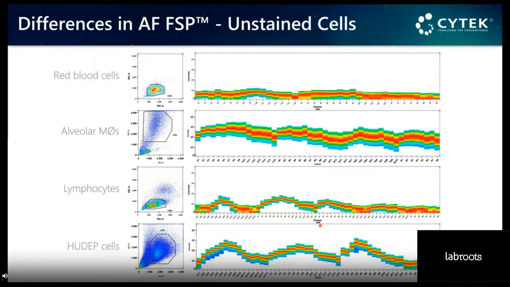So critical that you understand that this is going to be different from lymphocytes, that this is what you need to use exactly as the control for your multicolor sample, and also identifying these areas where these cells are highly autofluorescent in these detectors, and areas or detectors in which they don't emit that much light, perfect to characterize the cells and build your panel based on the observations just from unstained cells.